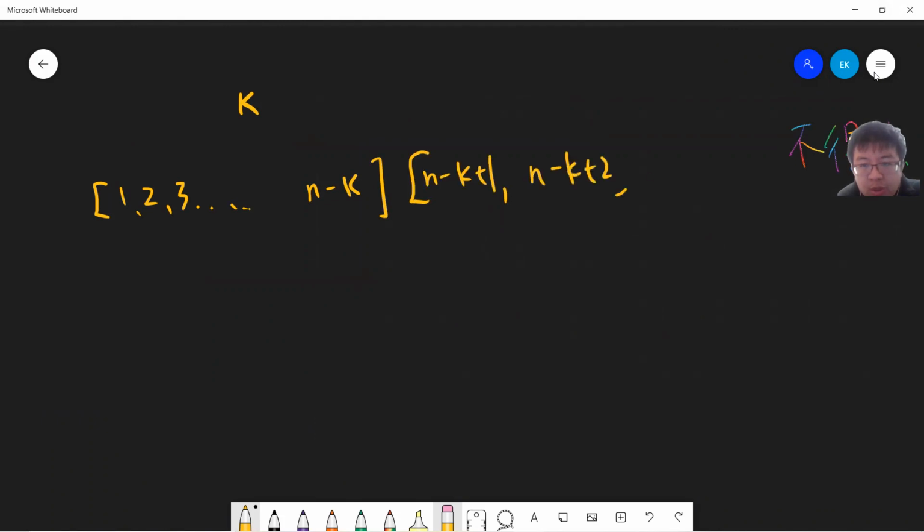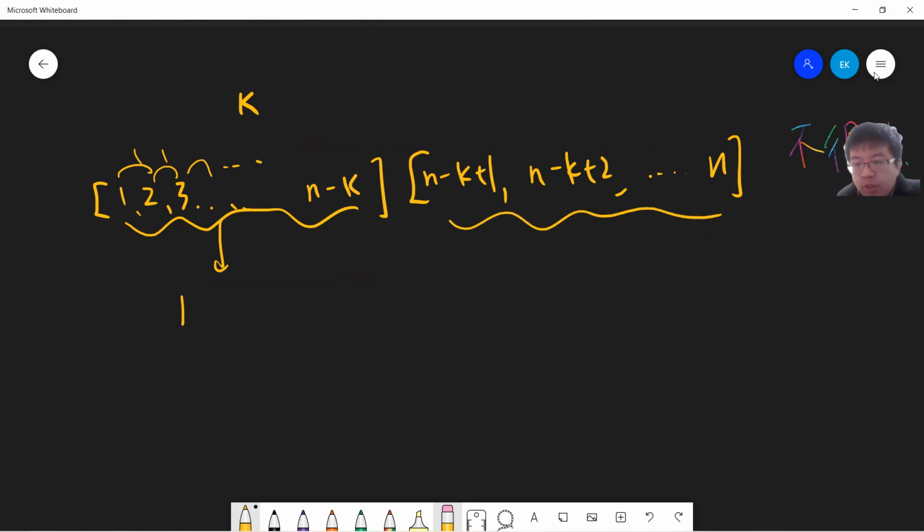For the first part, the difference is just 1, so you only have one distinct number. For the second part, I use the trick that I can permute it. So in total, I have k numbers.